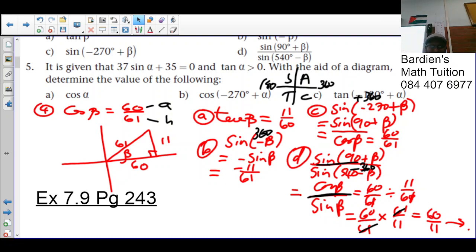Now we're going to look at ratios in terms of a letter. Ratios in terms of a letter. That's your new heading.